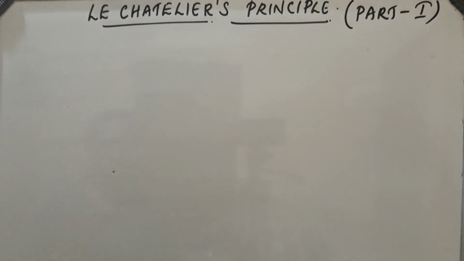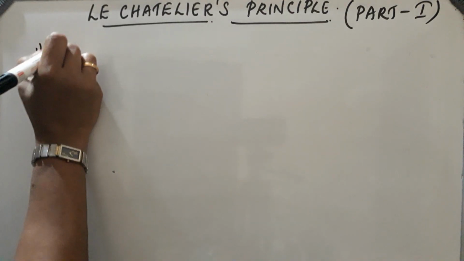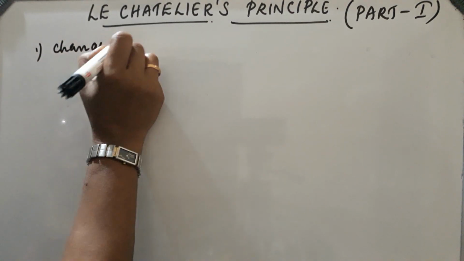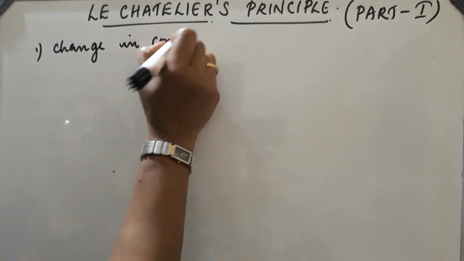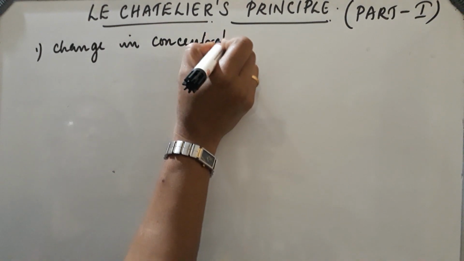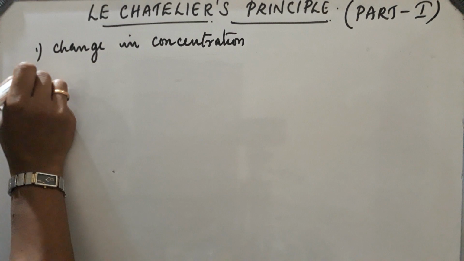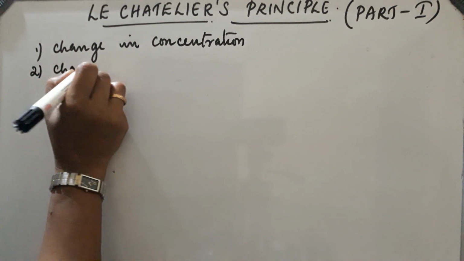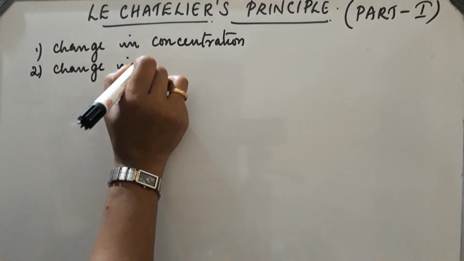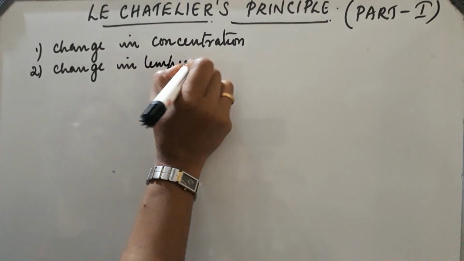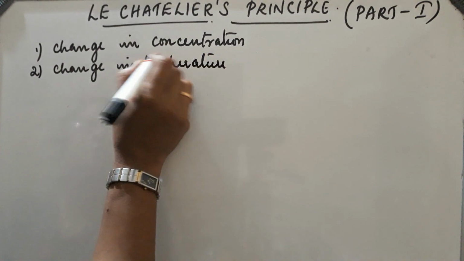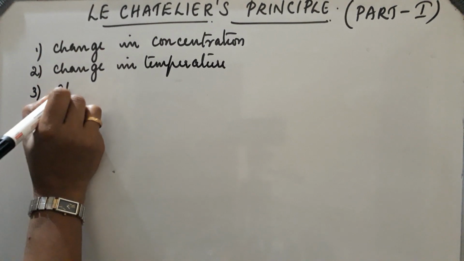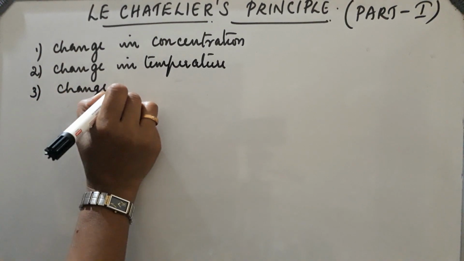There are some important factors which affect the equilibrium state of a reversible reaction. First, change in concentration of reactants or products. Second, change in temperature of the system, and change in pressure.